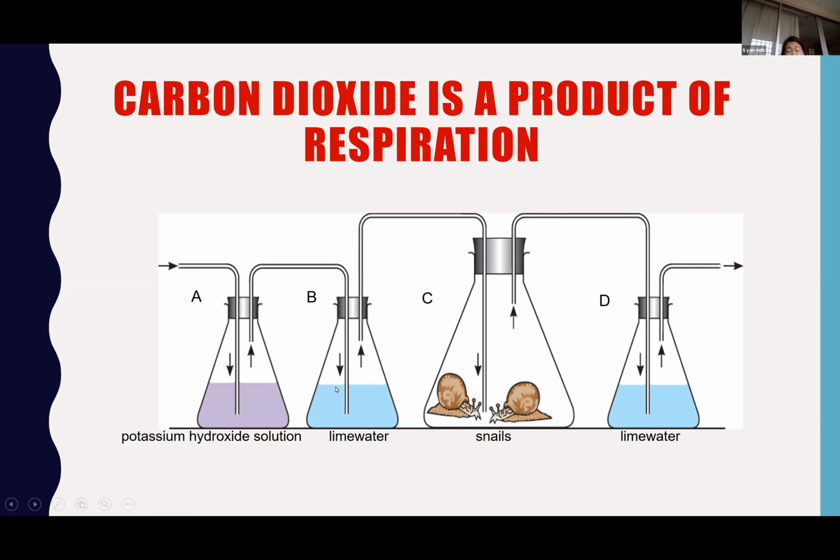This proves that whatever inhaled air is finally sent to the snails is free of carbon dioxide. And for the exhaled air finally sent to the lime water over here at D, if there is a white precipitate, this proves to me that carbon dioxide is a product of respiration.